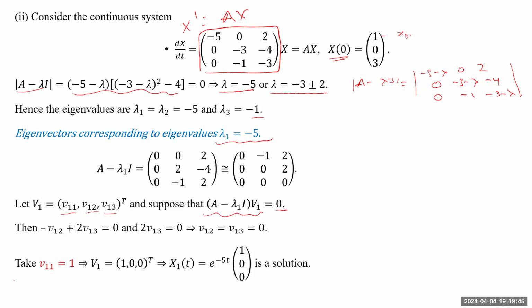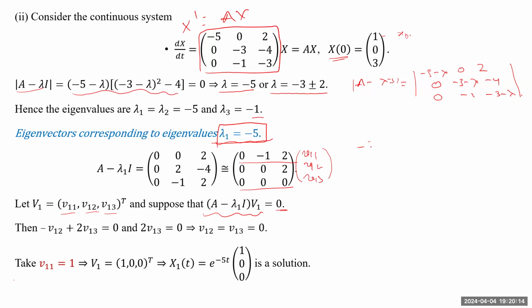So we need to identify the eigenvector corresponding to the eigenvalue lambda 1 equals minus 5. So A minus lambda 1 I times V1 is equal to 0. This is the lambda 1 I, right? So here is V11, V12, V13.